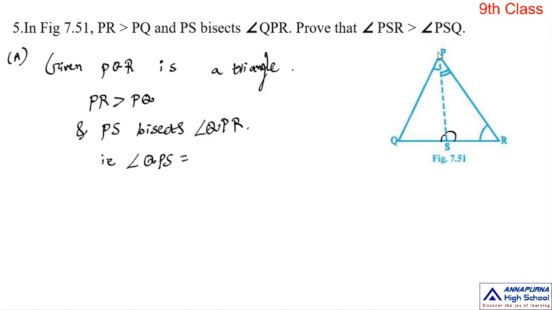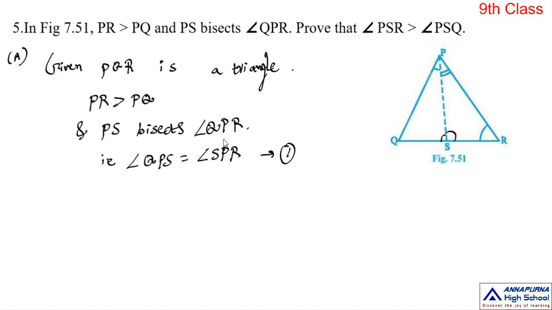See the figure. PS bisects angle QPR, so angle QPS is equal to angle SPR. This is equation 1.